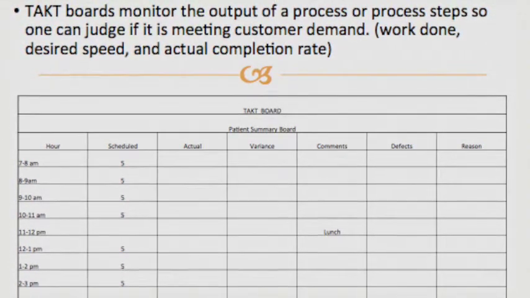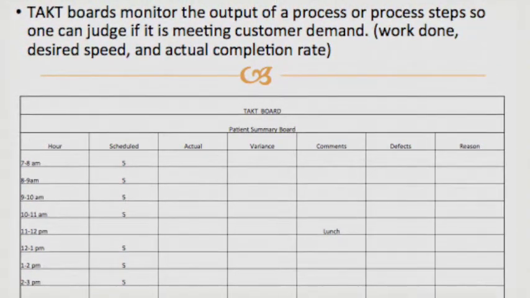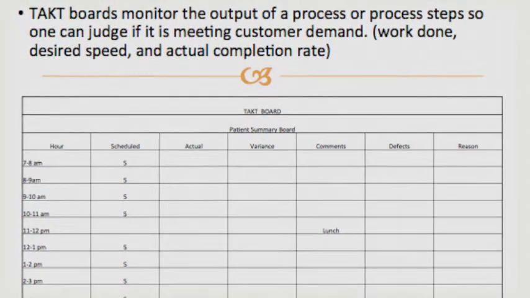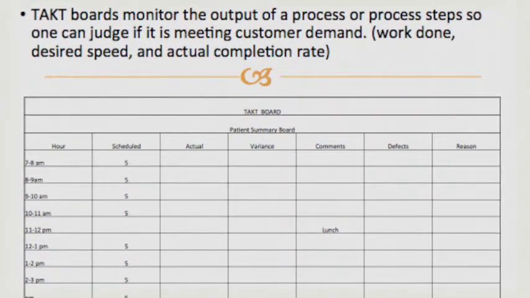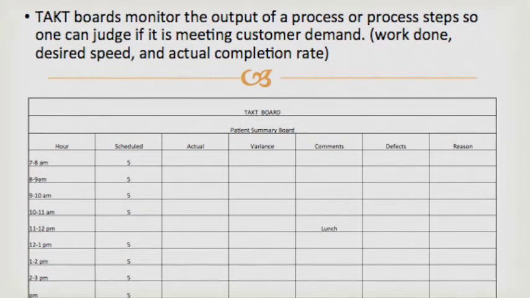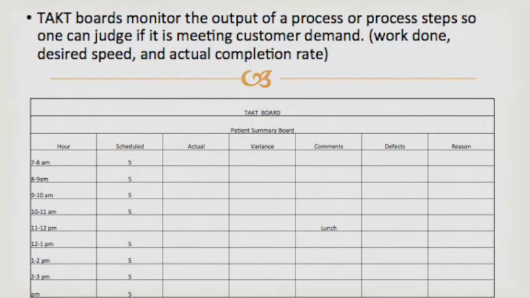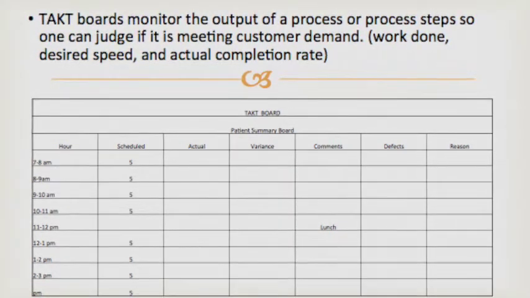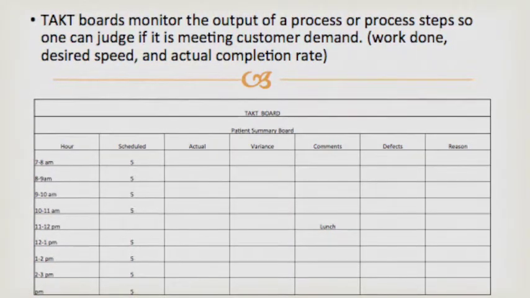As you see here, we have schedule, which talks about dashboard and patient summary board. We have different lab hours from 7 a.m. until 5 p.m. Also, we have schedule, actual, variance, comments, defects, and reason.